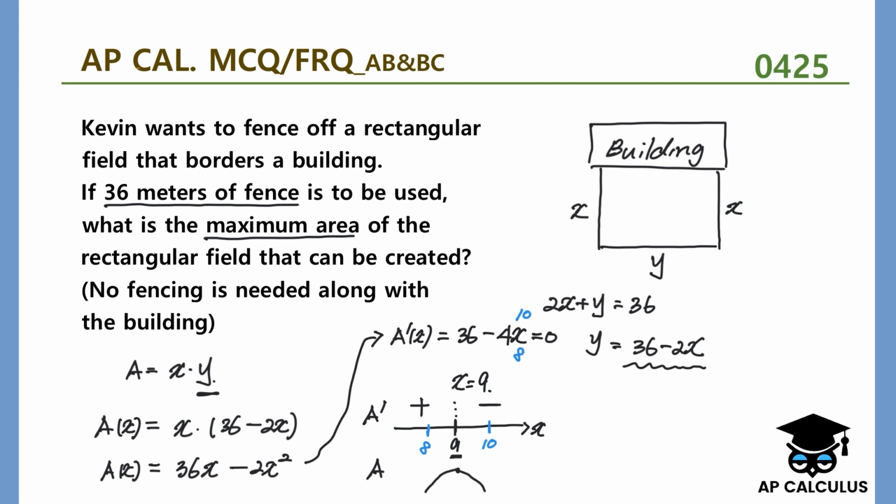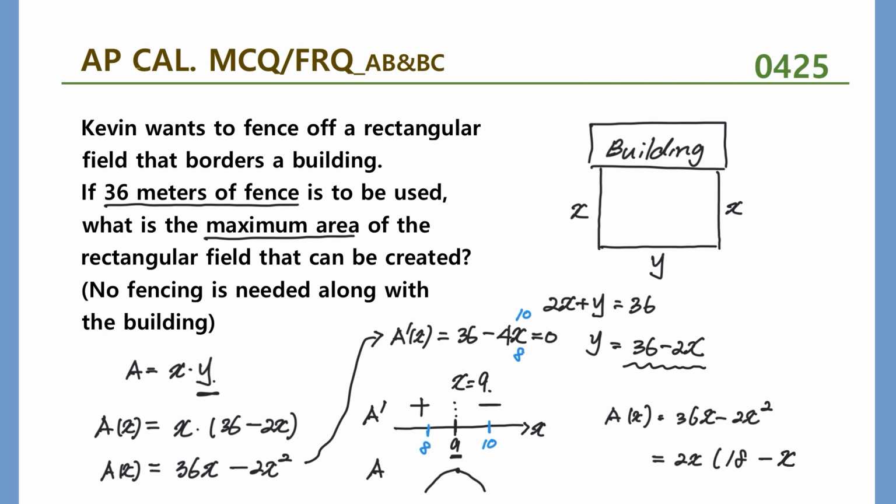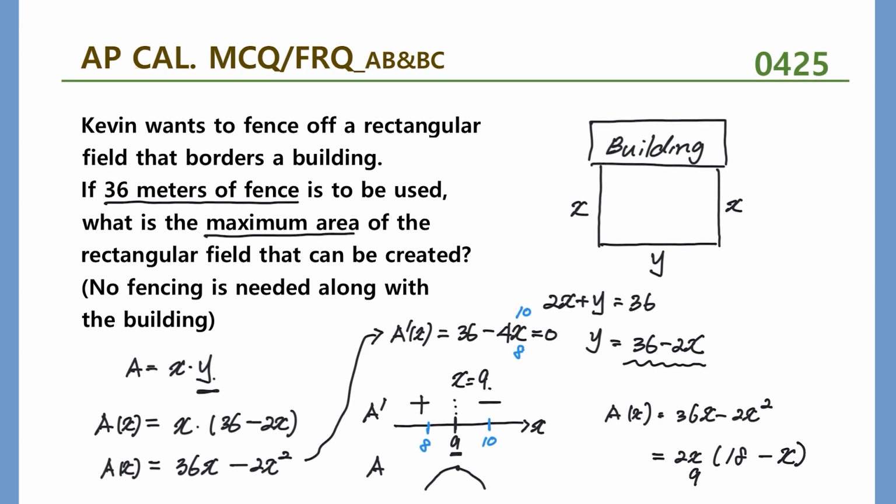So far so good? So what's the maximum area? Here our area was equal to 36x minus 2x squared. Before we substitute 9, we're going to factor this. That's going to be 2x times 18 minus x. Now substitute 9 for x.